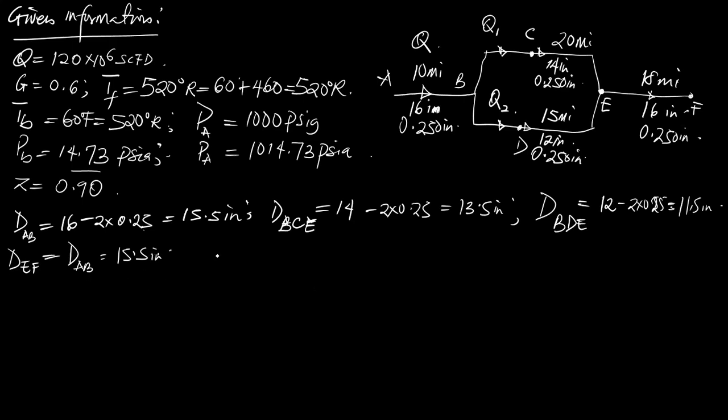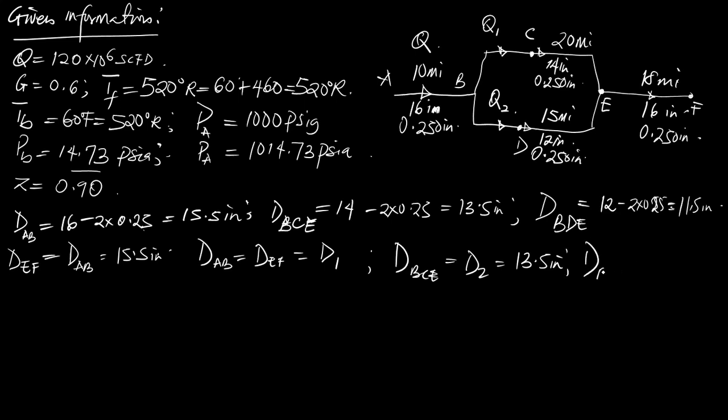So let me just say DAB is equal to DEF equal to D1, then DBCE equal to D2 equal to 13.5 inches, and DBDE is equal to D3, which is equal to 11.5 inches.